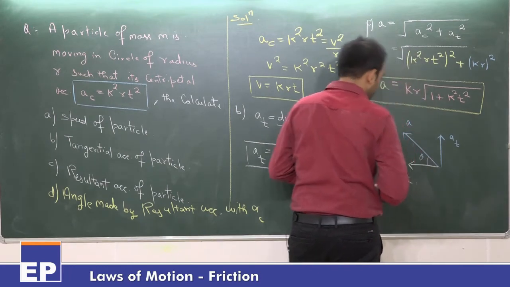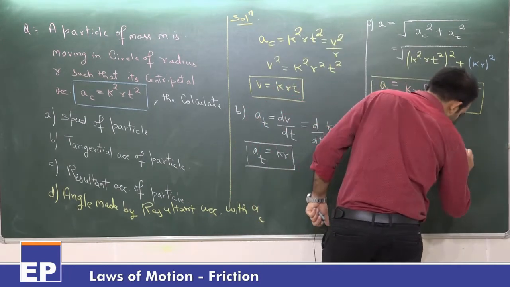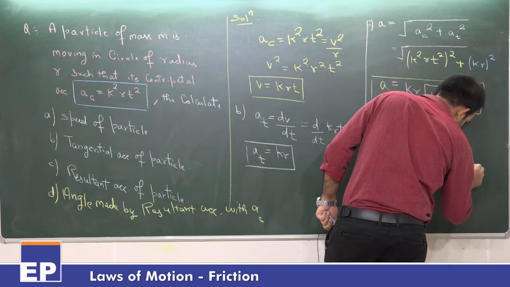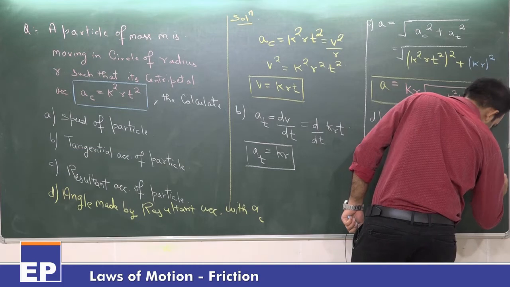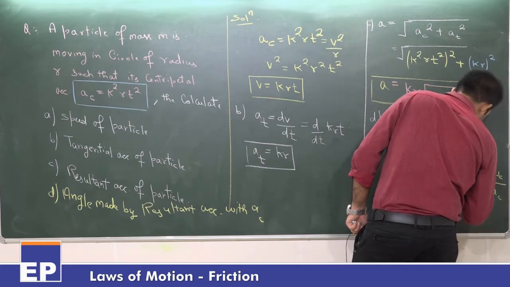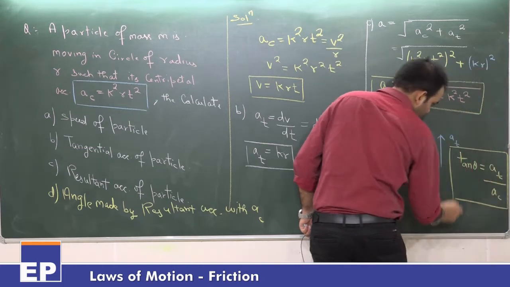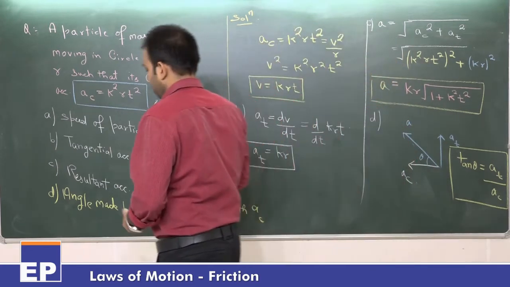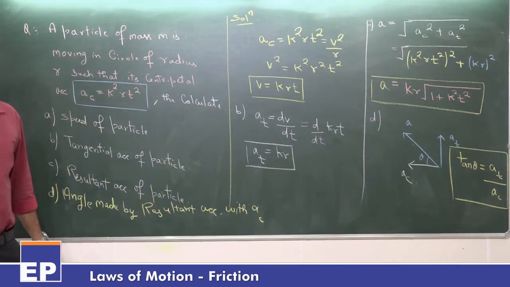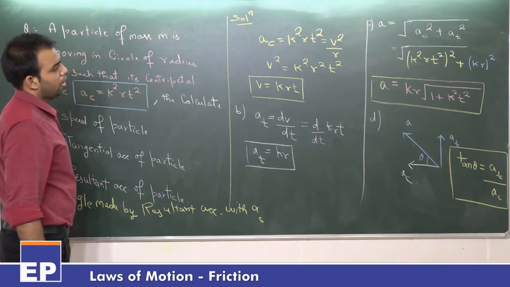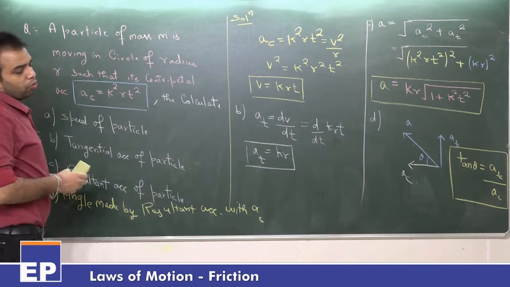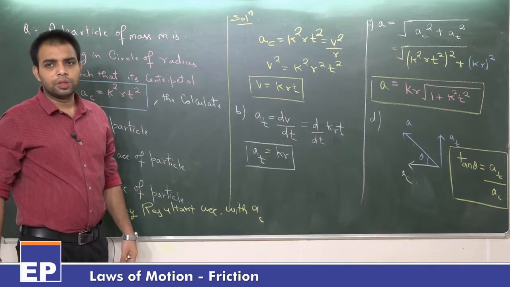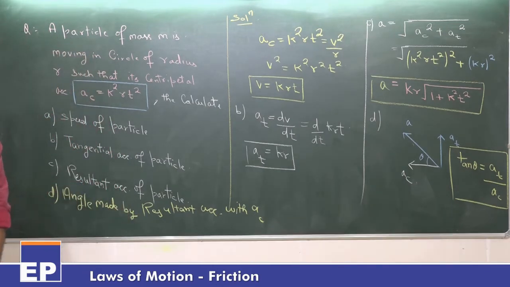This angle is theta. So what is the angle made? It is tan theta. What is tan theta? AT by AC. We can calculate the value of tan theta, which is AT by AC. Right, from there theta can also be calculated, which is theta is tan inverse of AT by AC. Is it clear? So we can do like this. Is it clear? Write this.